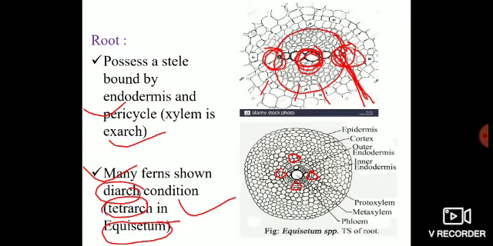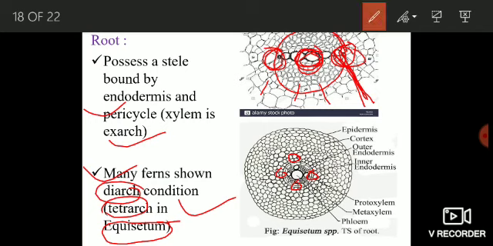If you are having xylem and that xylem shows the direction of maturation towards inside, that means first of all the xylem elements which are directed towards the periphery become mature, and then the inner xylem cells become mature. This is known as exarch condition. Okay, this is also known as centripetal development.